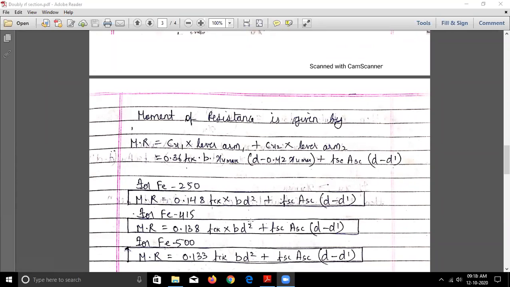I have written the direct value, so we are concerned only with this formula. MR of a balanced section for a singly reinforced section was only 0.148 FCK BD square, if you remember. Now a second term is added, which is nothing but FSC into ASC into D minus D dash. There is nothing more different in this. The only thing you have to remember is this second term, and it is the same for all. For Fe415 we already know it is 0.138 FCK BD square, so you just have to add this one: FSC into ASC into D minus D dash.